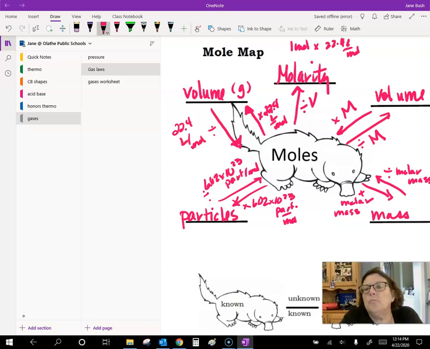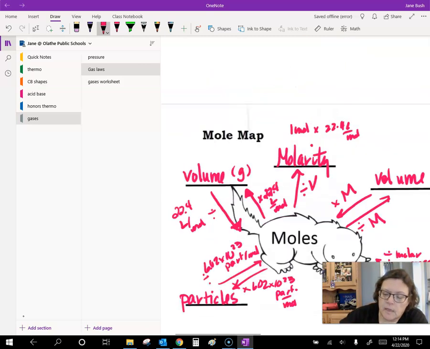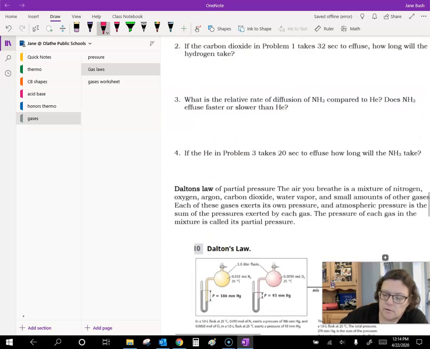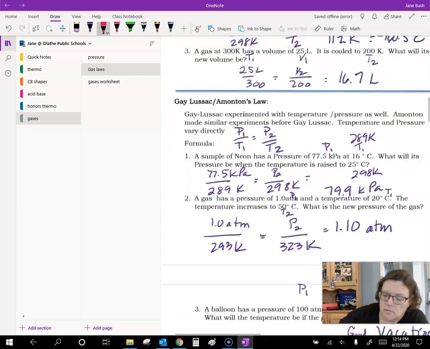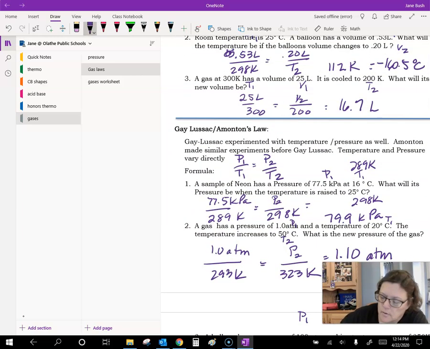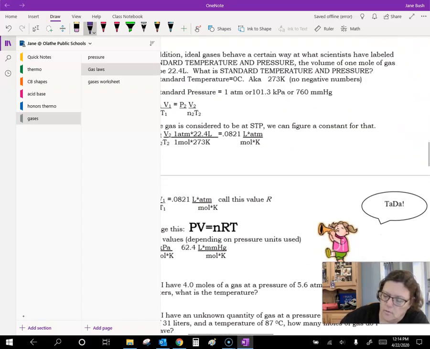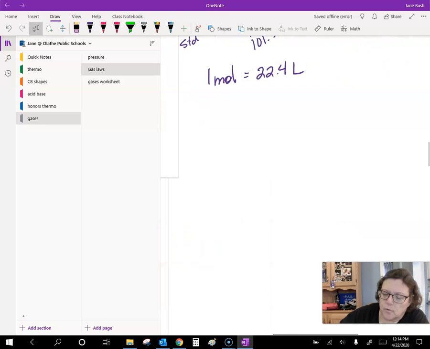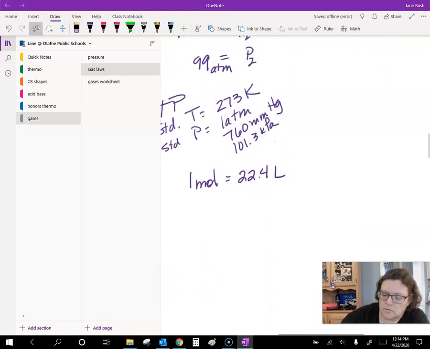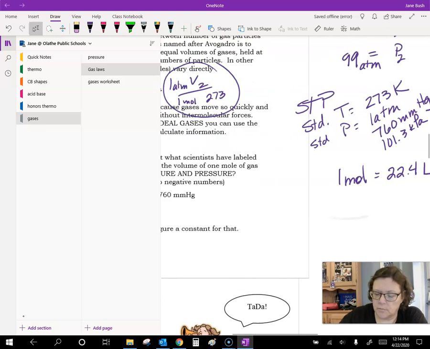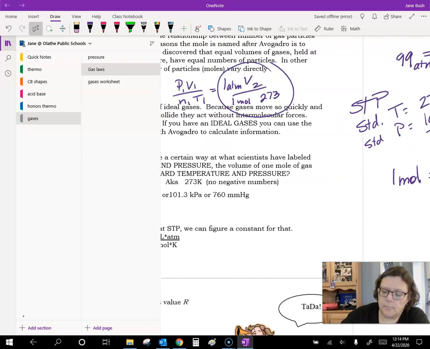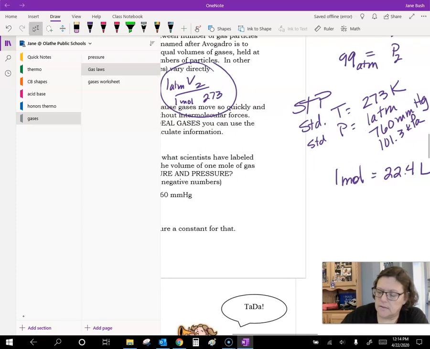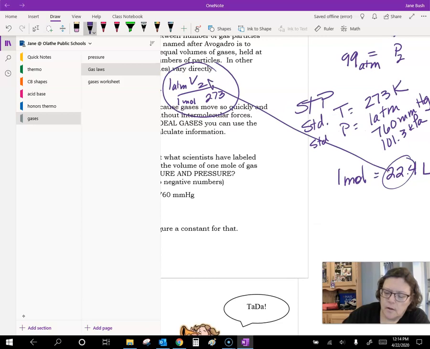This is called the molar volume of a gas. That is where we come up with 22.4 liters. So what I'm doing is I'm going to put that volume back up here.